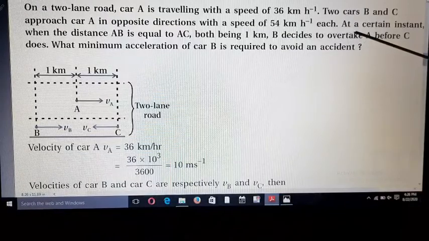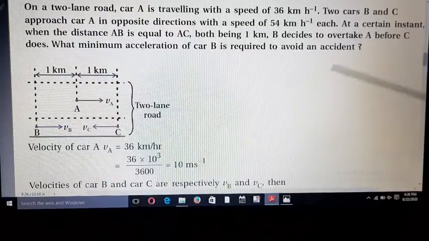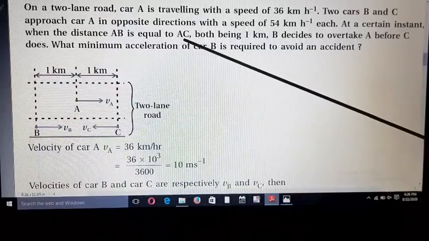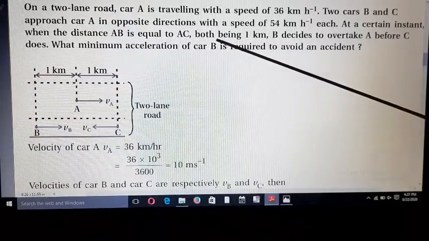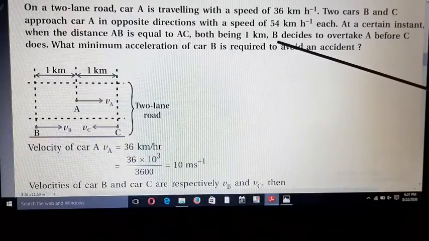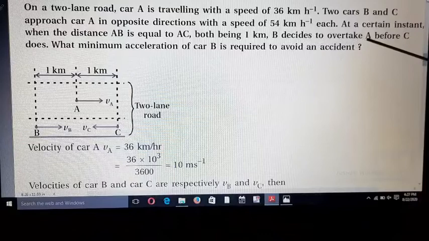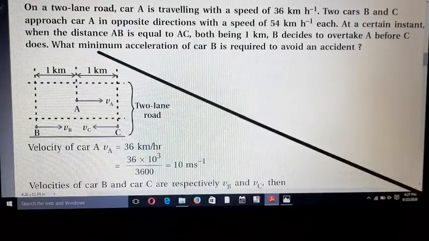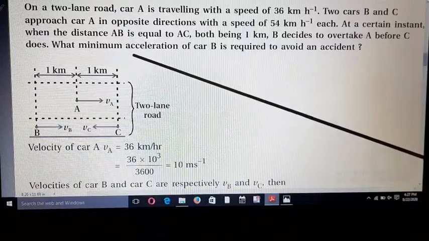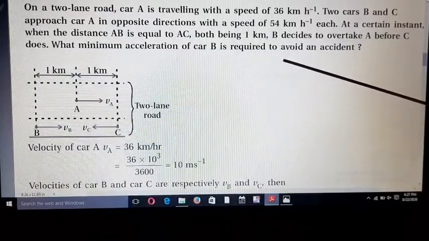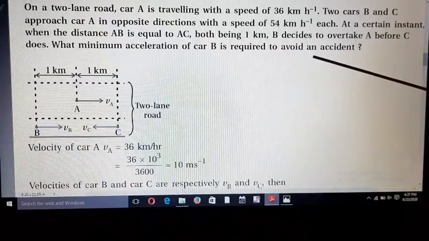At a certain instant, when the distance AB is equal to AC, both being 1 kilometer, B decides to overtake A before C. Thus, what minimum acceleration of car B is required to avoid an accident?